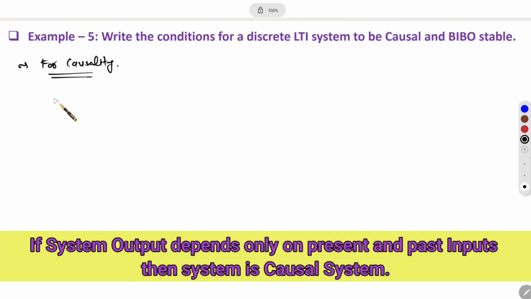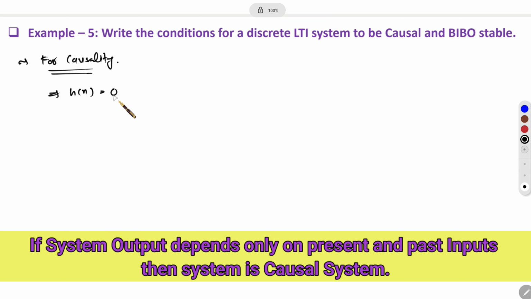But here we are talking about conditions for an LTI system where we will have h of n, right? So if you talk about h of n with causality, then it should have value 0 if n is lower than 0. In that case, one can say the given system is a causal system.